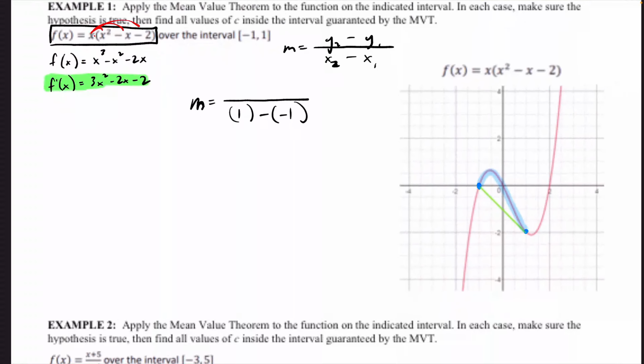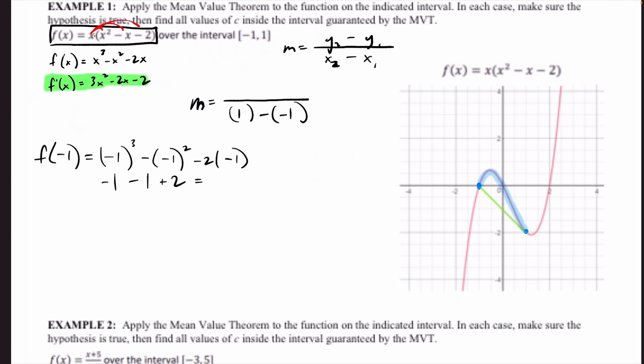Yes, exactly. So f of -1, we would get -1 cubed minus -1 squared minus 2 times -1. So we would get -1 minus 1 plus 2, right? So is that 0? Yeah. So 0. That goes right above the -1.